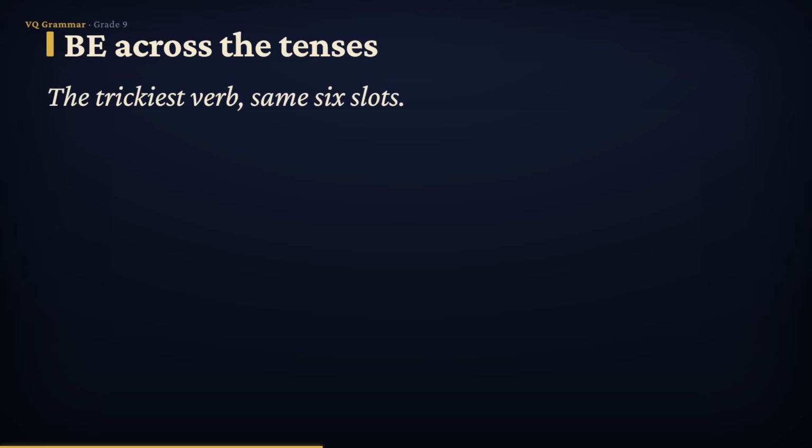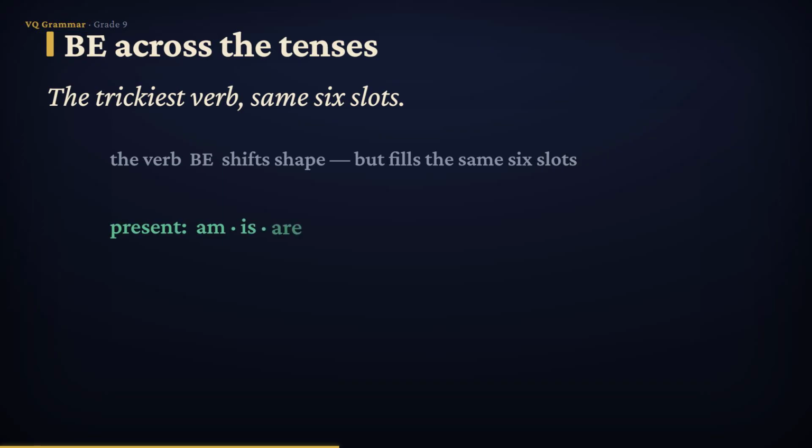Let me show you the same system with the trickiest verb in English, the verb be. It changes shape more than any other, but it still fills the very same 6 slots. In the present, it's am, is, or are. In the past, it's was or were. The future is simple, will be.